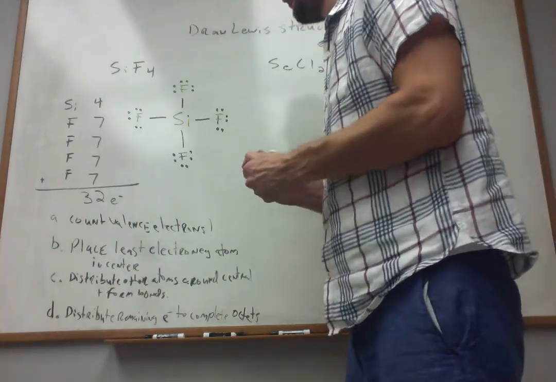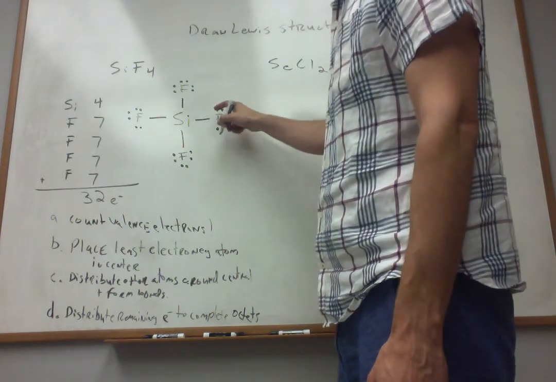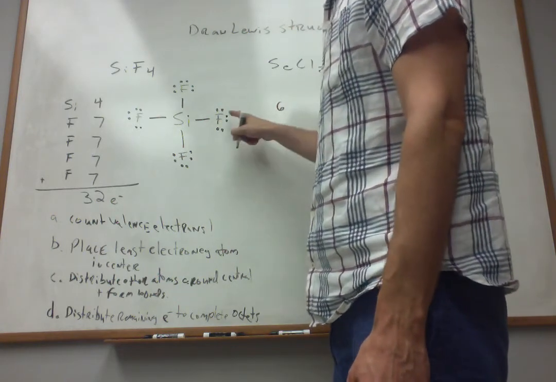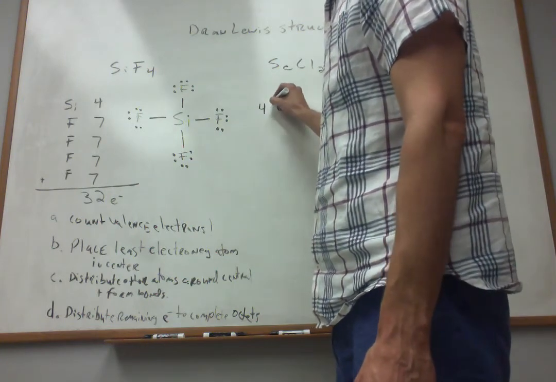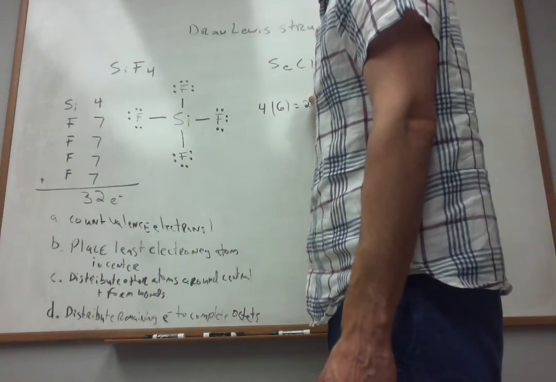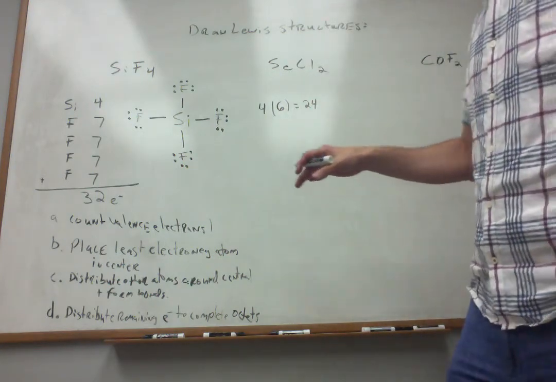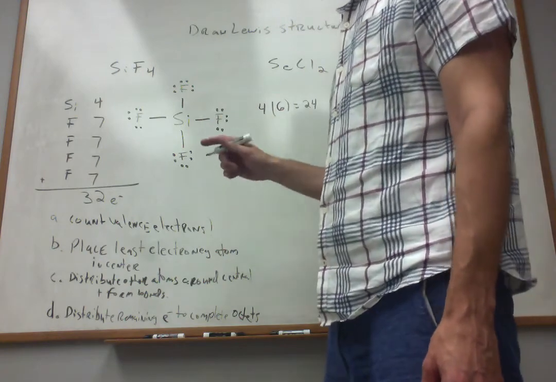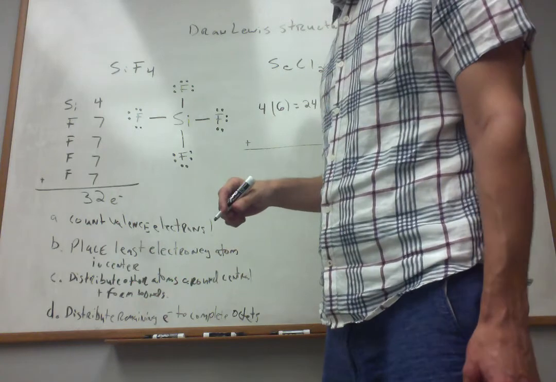Pretty simple. So as I'm looking at this, I see, okay, well, I've got 1, 2, 3, 4, 5, 6 lone pair electrons for each fluorine. So I've got 4 fluorines. If I multiply 4 times 6, that's 24. Just these lone pairs on the fluorine. Now I also need to add back in my bonding pairs, right?